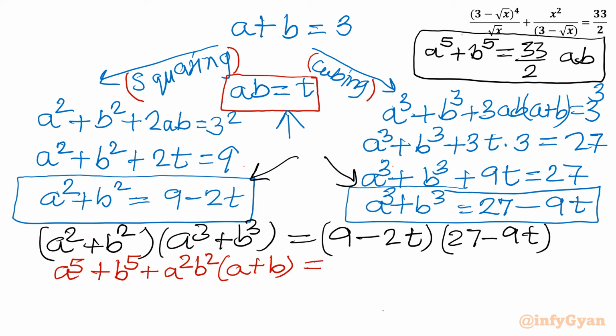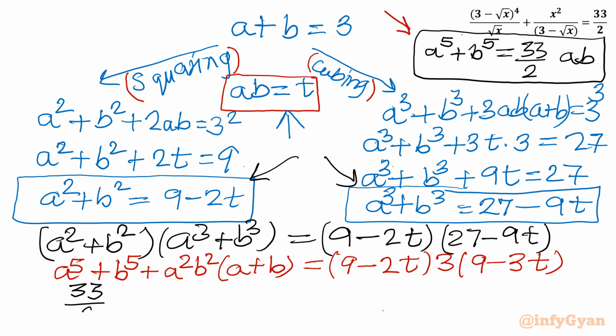Right hand side I can write 9 minus 2t as it is. From this bracket I will take 3 common out, so it will become 9 minus 3t. Let's apply this value. So I will write here a power 5 plus b power 5 value as 33 by 2 ab.